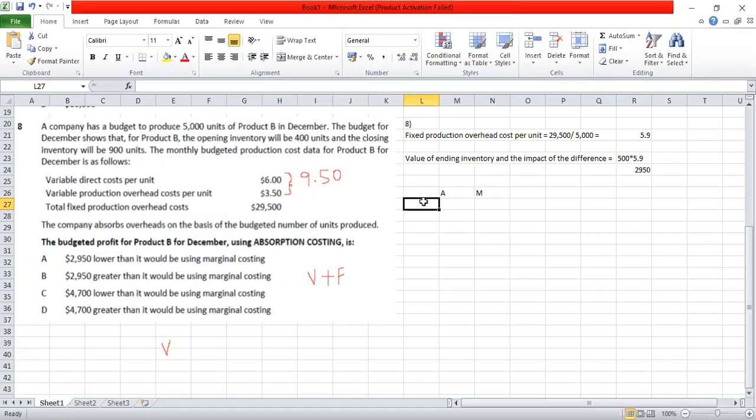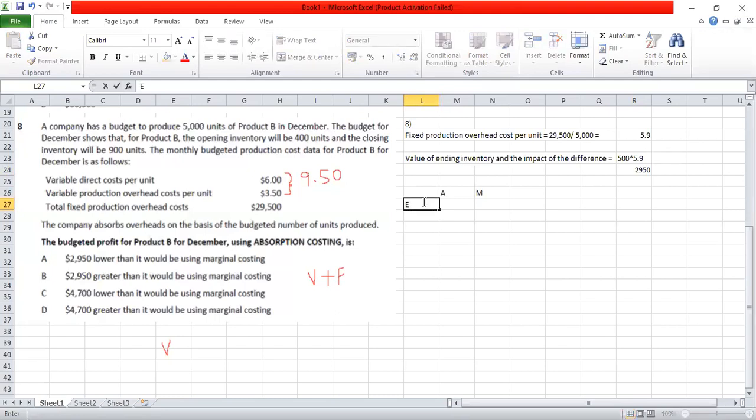In case of absorption costing, the ending inventory is charged more value because the fixed portion of the production overheads is also charged to ending inventory.